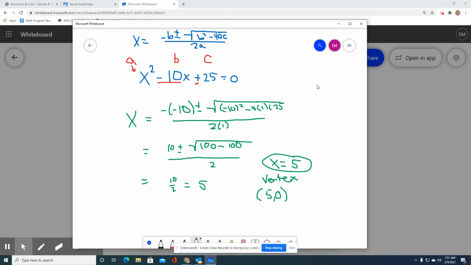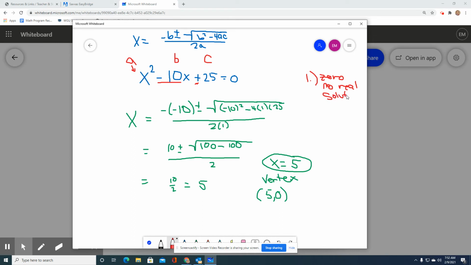And I'm going to leave you with this. If you have 0 answers, in other words, the discriminant is a negative number and you cannot take the square root of a negative number, you have no real solutions. You will have complex number solutions, but no real solutions.